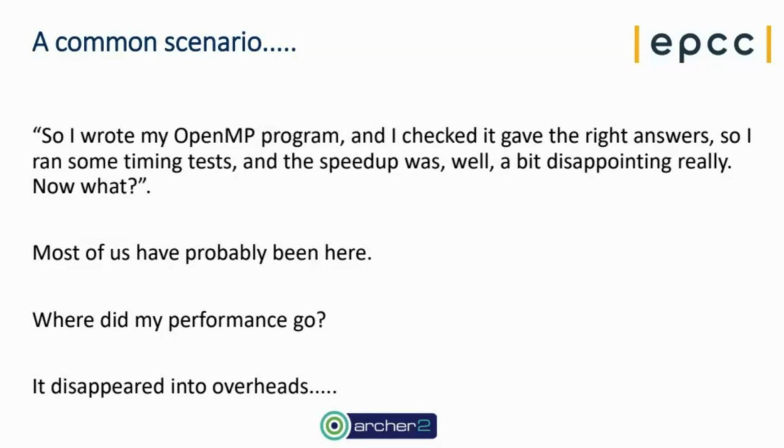So the way I like to think about it, and the way I encourage you to think about it, is that it's disappeared into some form of overhead somehow. So your cores are busy or not busy doing something which isn't contributing to calculating the solution.